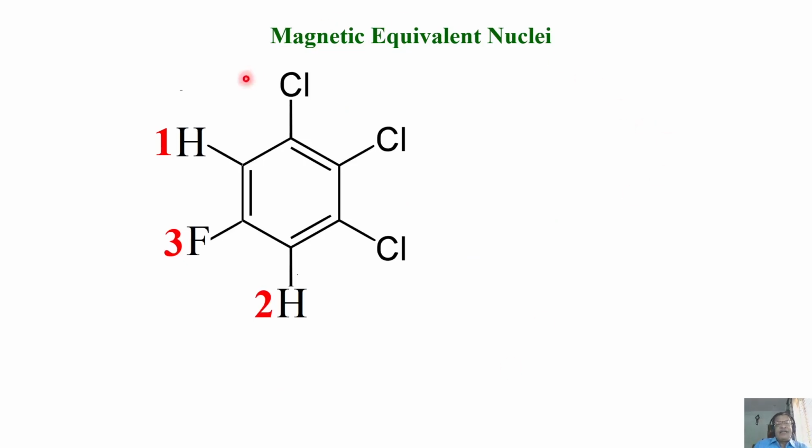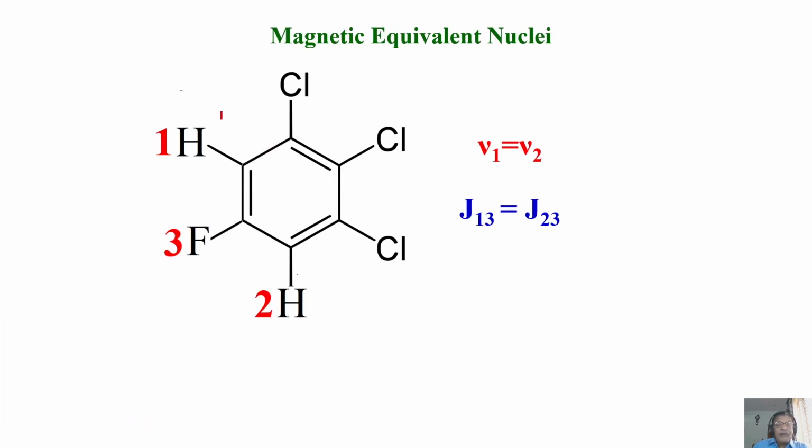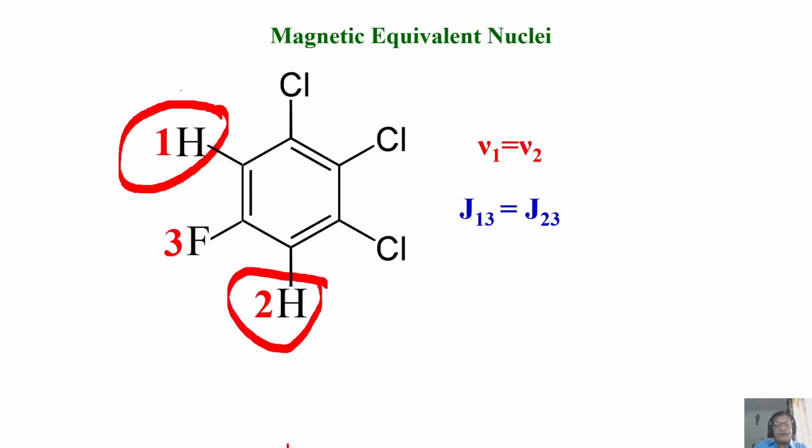Now look at the examples of magnetically equivalent spins. Look at this molecule. Does it have a symmetry axis? If you look at it, there is a symmetry axis along this axis. So chemical shift of 1 is equal to chemical shift of 2. Nu 1 equals nu 2.